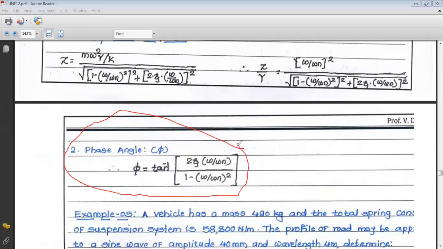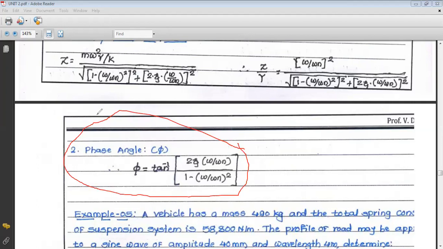Now there are two important terms. If we take the absolute amplitude, it is in terms of x, and the relative amplitude is in terms of z. Then the relative phase angle is phi minus alpha, and the absolute phase angle is only phi. This is an important term.